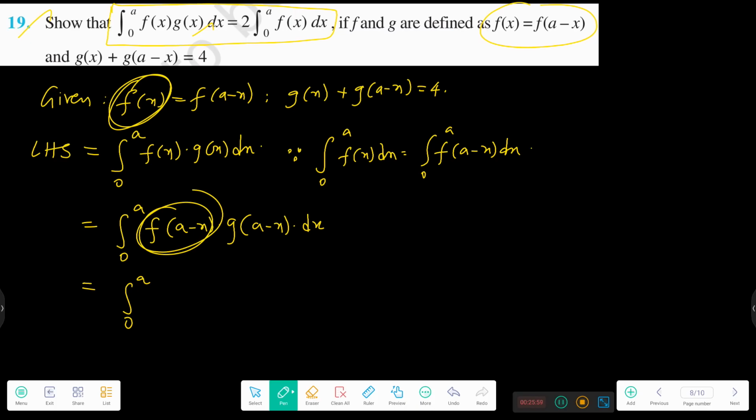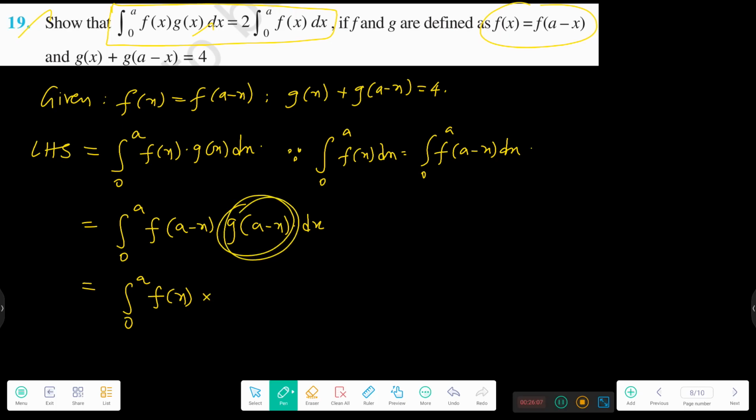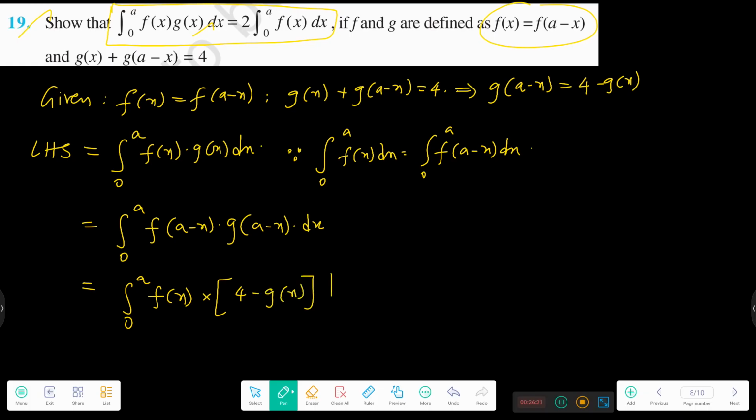What about g of a minus x? From here you can find, g of a minus x is equal to 4 minus g of x. That's it, into dx. Have you understood this?